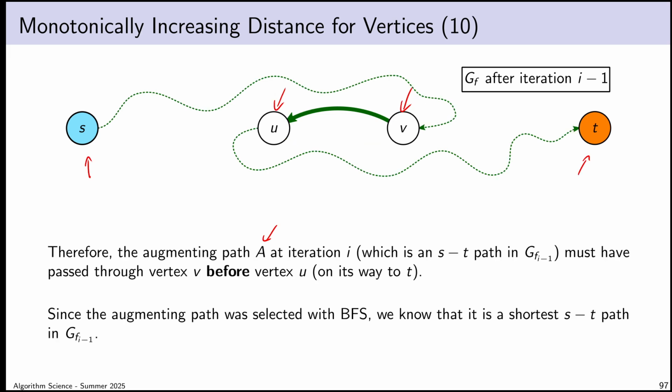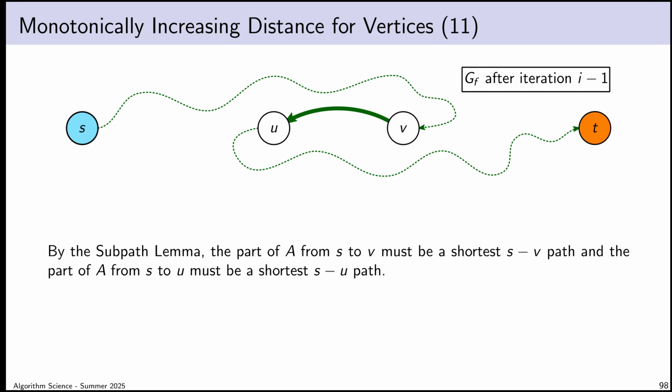Now, since the augmenting path that I selected was selected with BFS, I know that the path is a shortest path from s all the way to t. Because it's an augmenting path, it's an s-t path. It's the shortest s-t path because I used BFS. By the subpath lemma, the part of that path from s to v must be a shortest s-v path, and the part of that path from s to u through v must be a shortest s-u path.